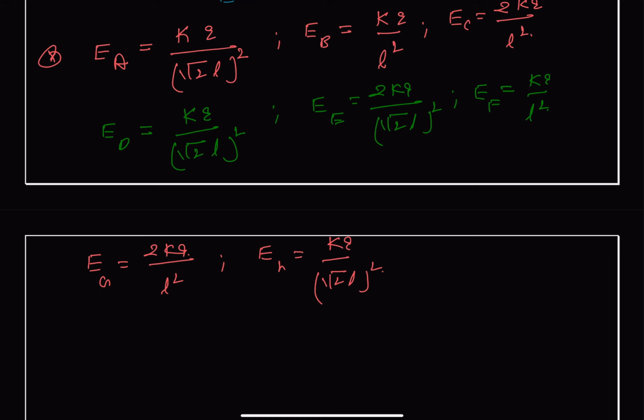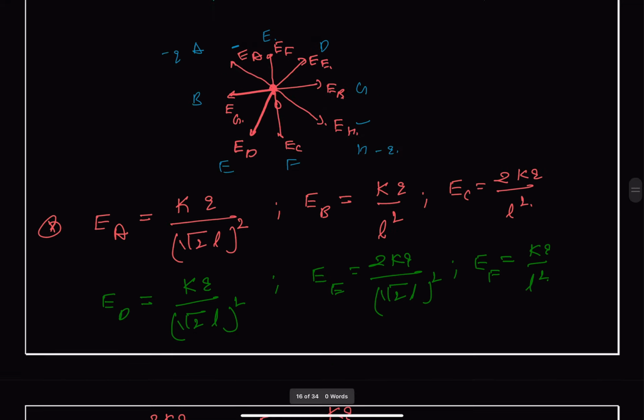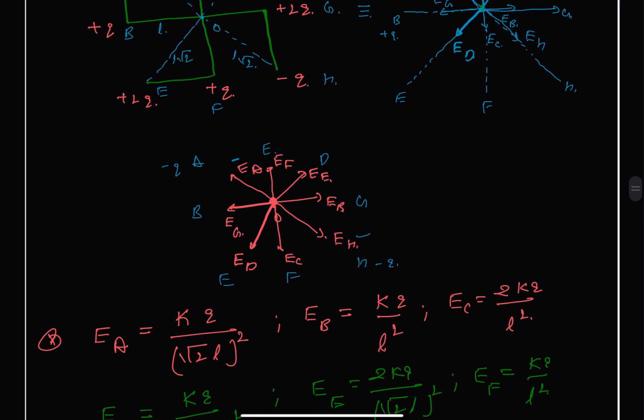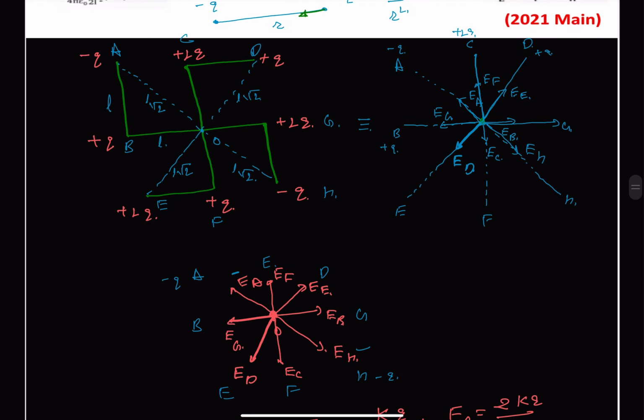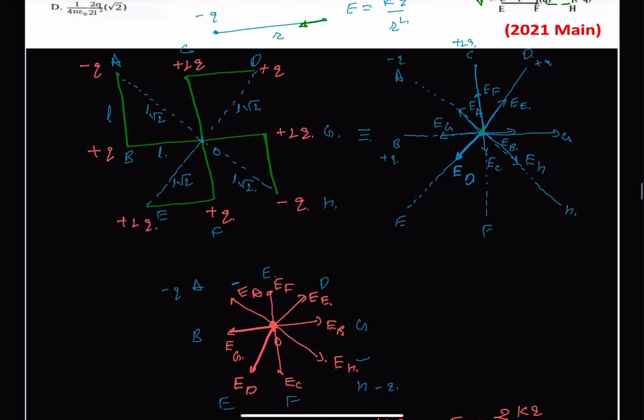And now we have to remember that now we have to see how the electric field is going to behave. So first of all, from the figure itself we can see that electric field because of the H and electric field because of the A, they both are in opposite direction.